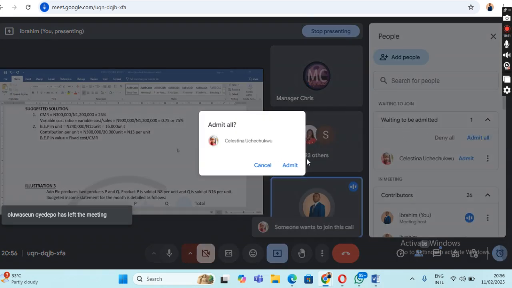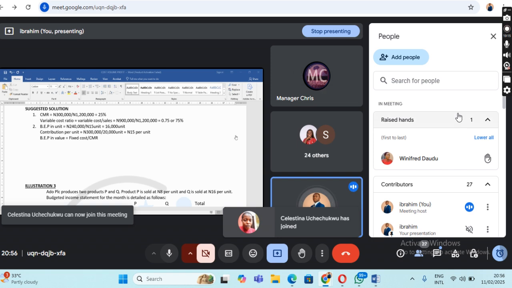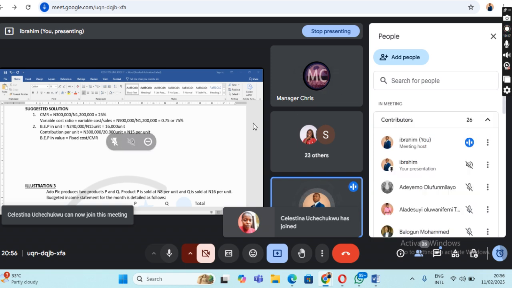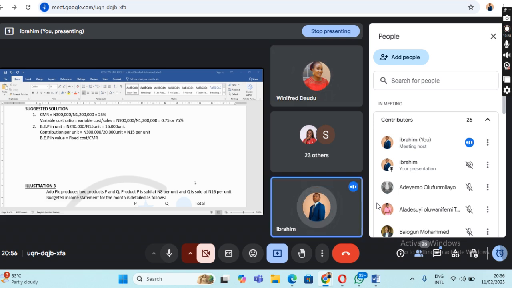What is the other formula? Fixed cost divided by contribution per unit, times selling price.